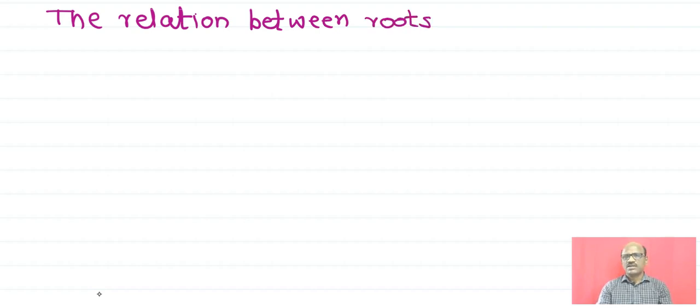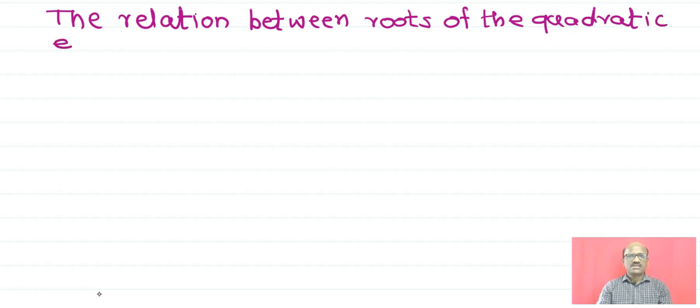Roots means what? Alpha and beta are the roots. And constant means what? a, b, c. Suppose the quadratic equation is ax square plus bx plus c, and roots are alpha and beta. Then what is the relation between them? That relation we say that the sum of the roots and the product of the roots. Now we see this.